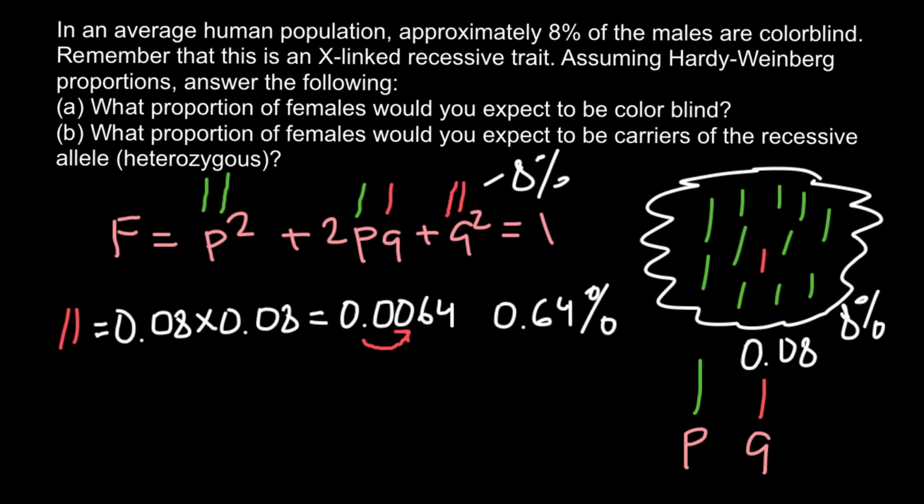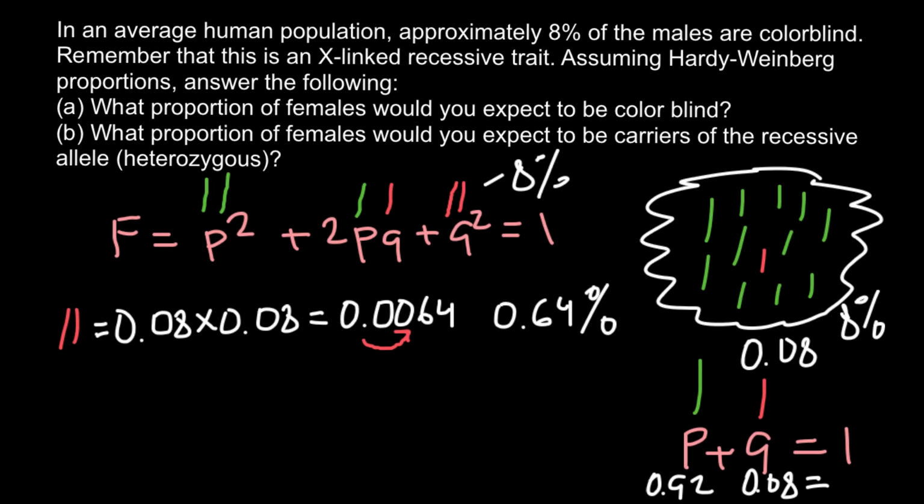So allele p plus allele q should give us 100%, because as you see, the 3 genotypes here are made by only 2 alleles. So we have only 2 types, as you see, green and red. If we know that the frequency of the q allele is 0.08, this tells us that the frequency of the p allele, which is normal, would be 0.92.